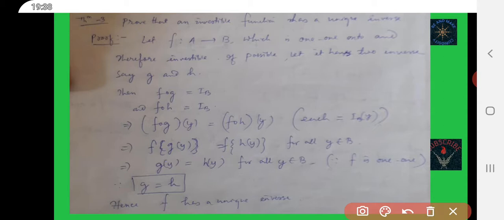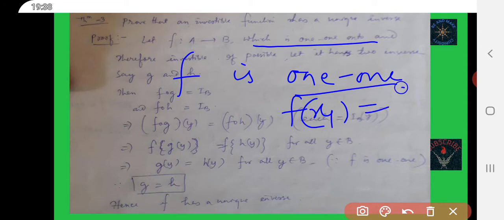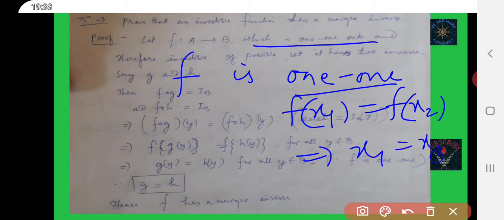You know that the function f is both 1-1 and onto. As it is 1-1, we can write f of x1 is equal to f of x2, which implies that x1 is equal to x2.